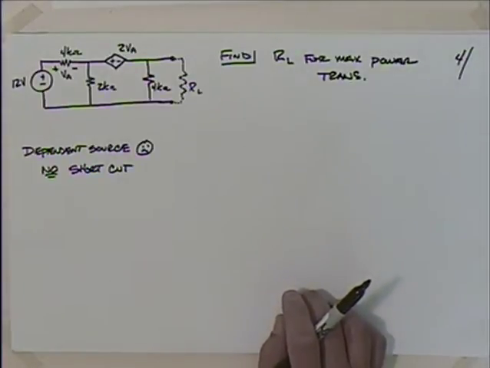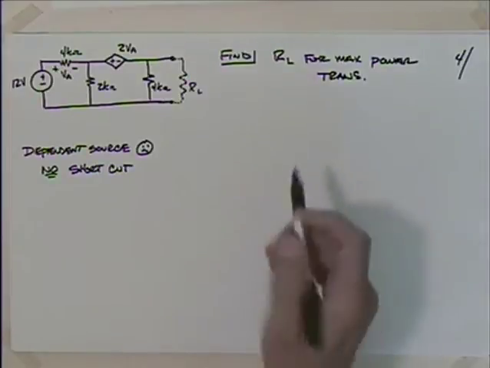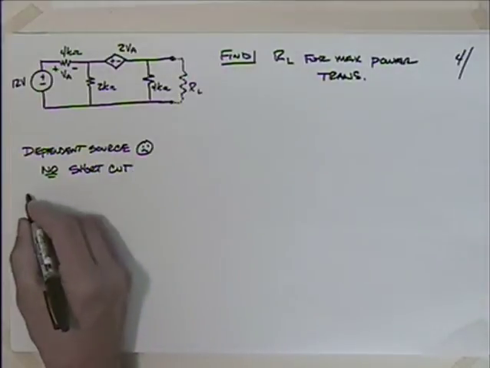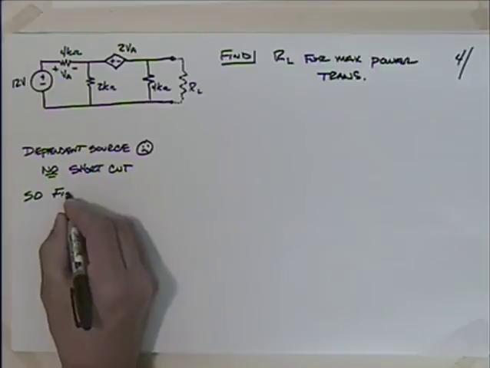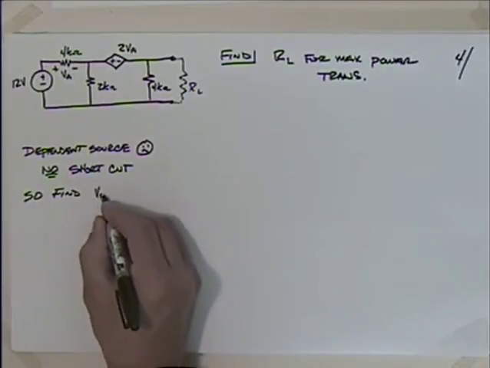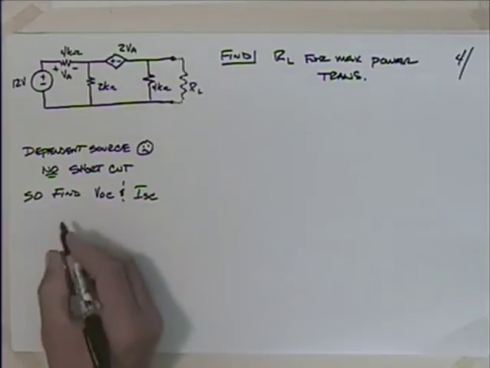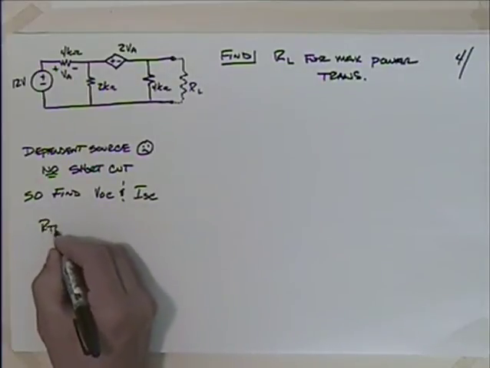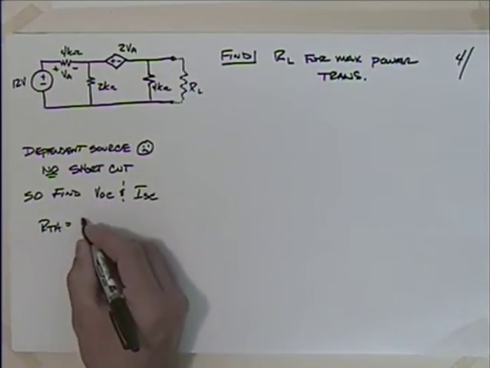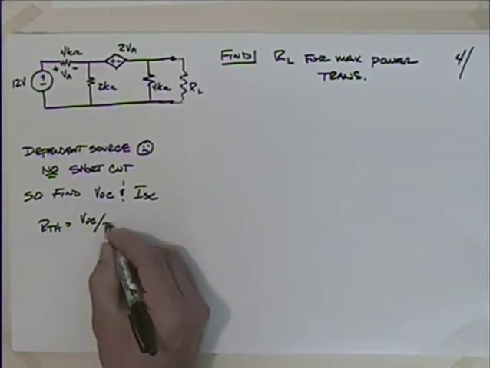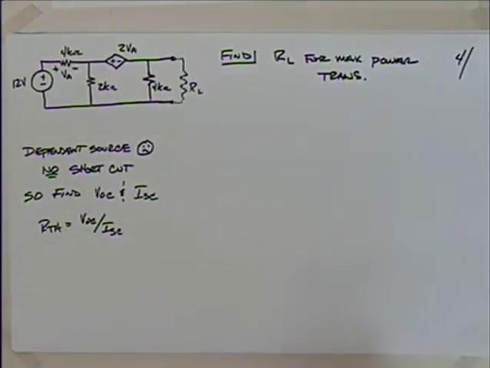Okay. Well, what we're going to have to do then is find V open circuit and I short circuit, and then we know that our Thevenin resistance is going to be the ratio of that V open circuit to I short circuit.